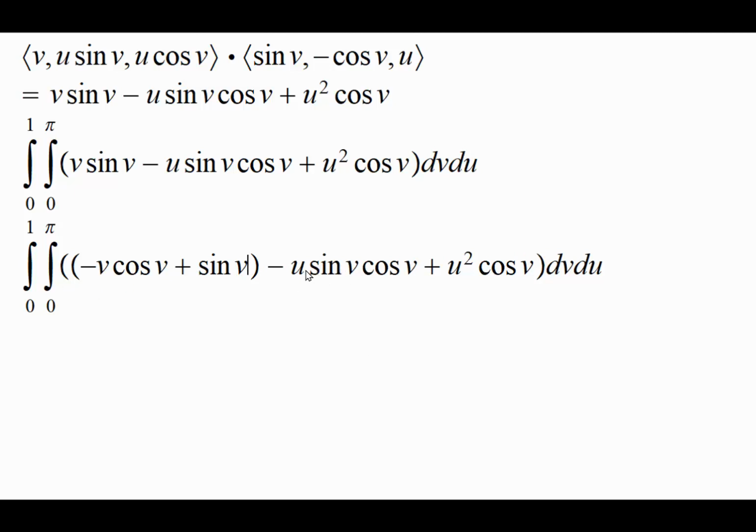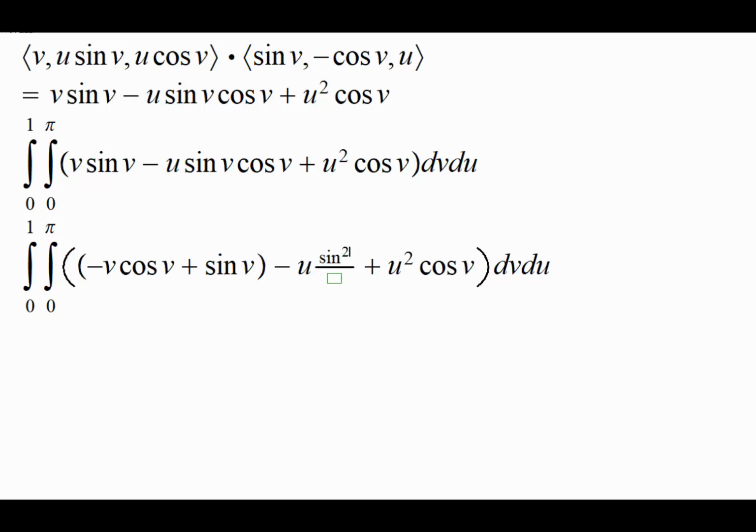And then here we can take sine v as another variable, say w, so cosine v dv would be dw. So the antiderivative of sine v cosine v would be what? That will be simply sine square v over 2, right?